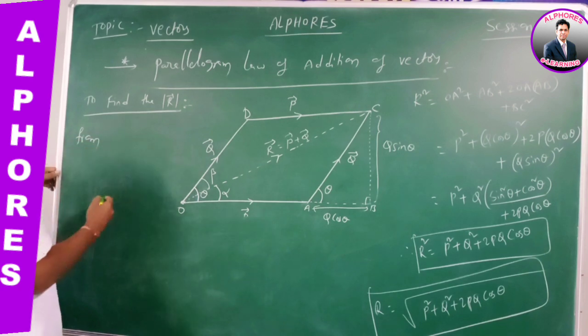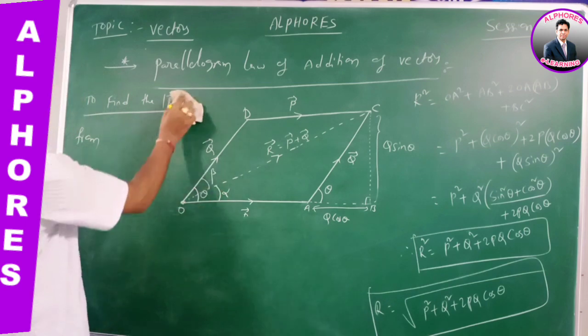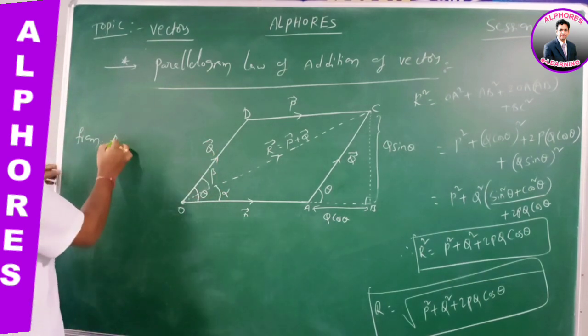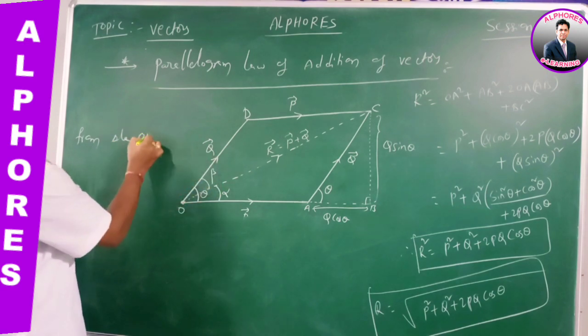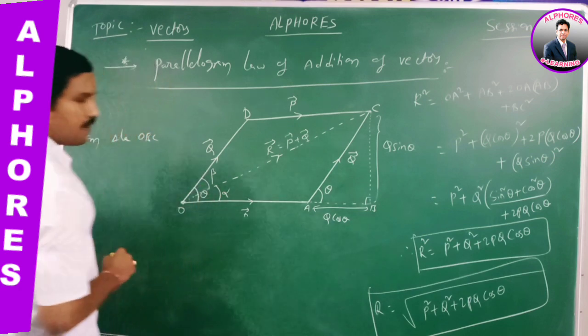Again triangle OBC. I am taking this big right angle triangle in order to find the direction of the resultant.